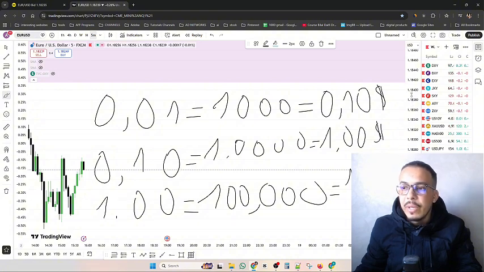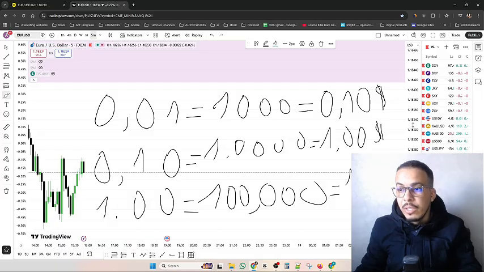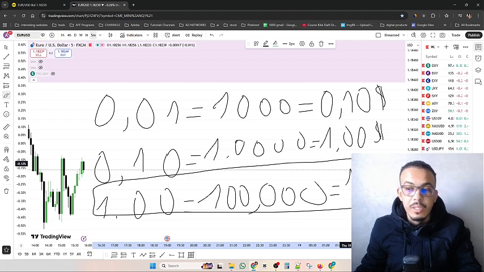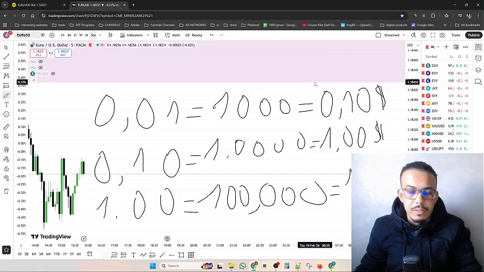If the price moves from 1840 to 1860, that's 20 pips, you will make $200. But if you press buy, for example, on 1840, and the price goes to 1820, that means 20 pips against you, you will lose $200 in this example. Okay? As I said, the bigger your lot size, the more you win or lose. Okay, I think that's simple.